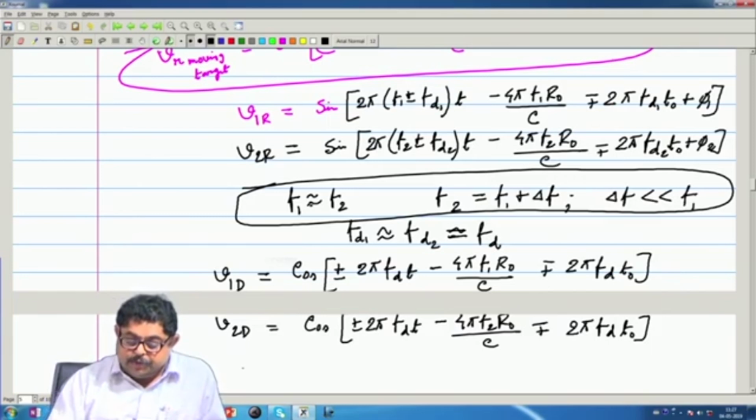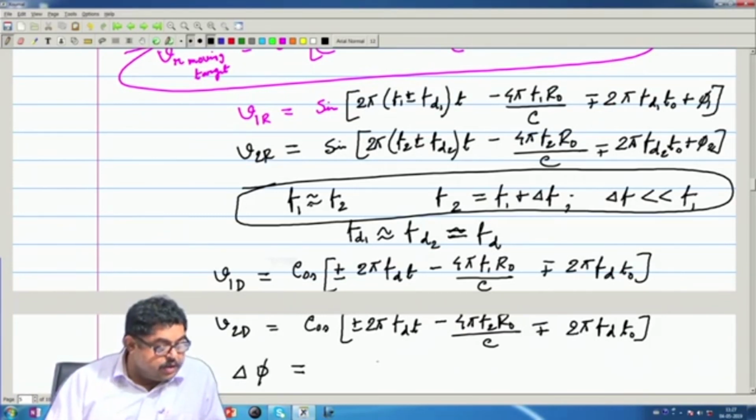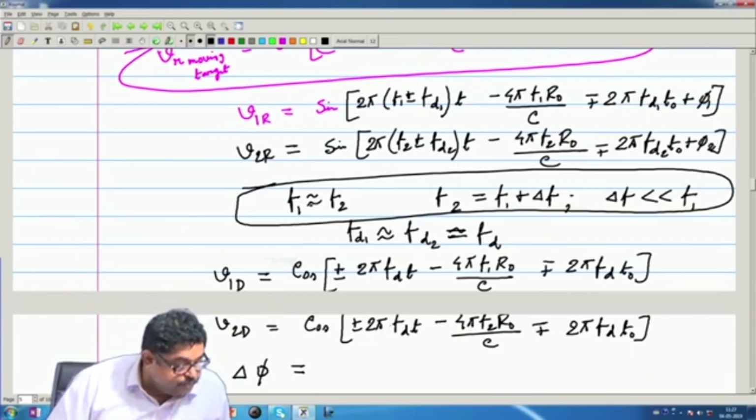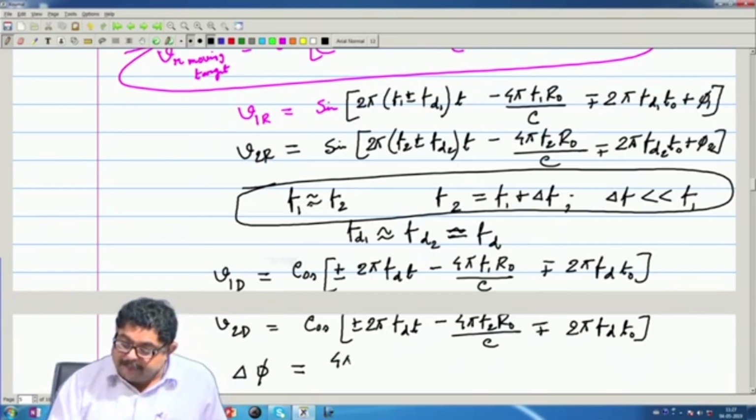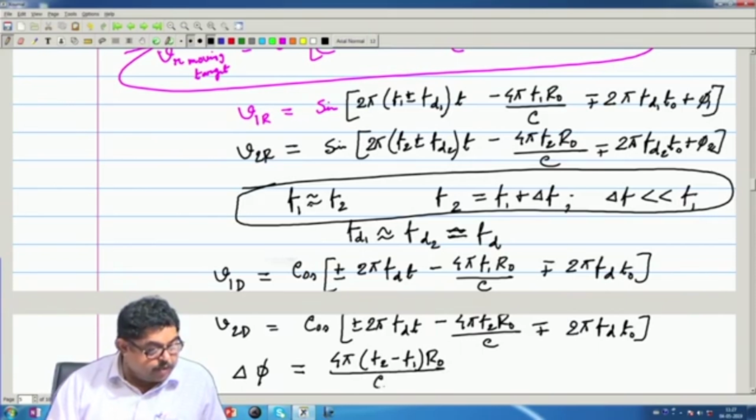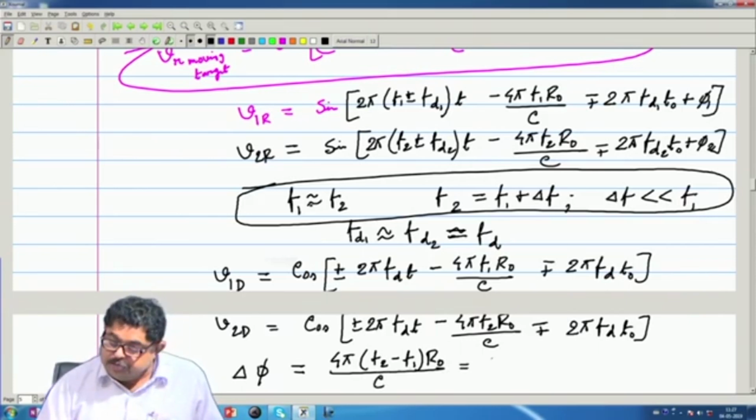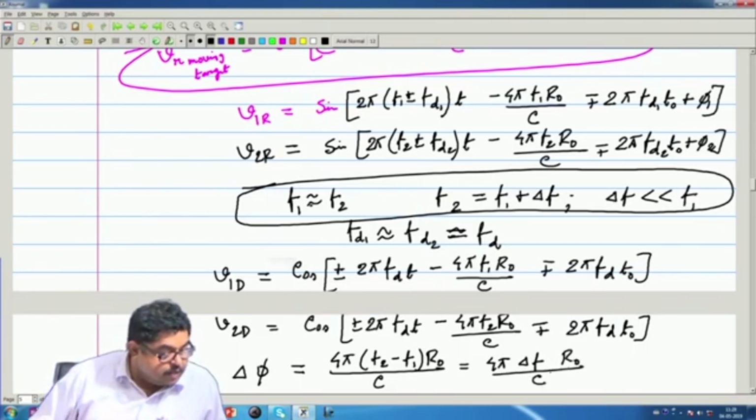These two signals we find the phase difference. So, the phase is 4π(F2 − F1)R0/c, that is 4πΔF R0/c.